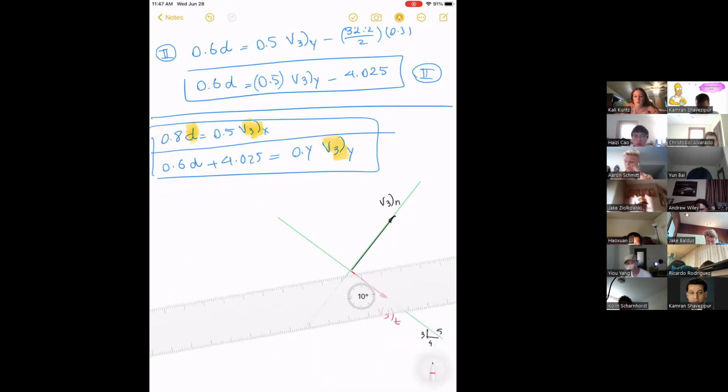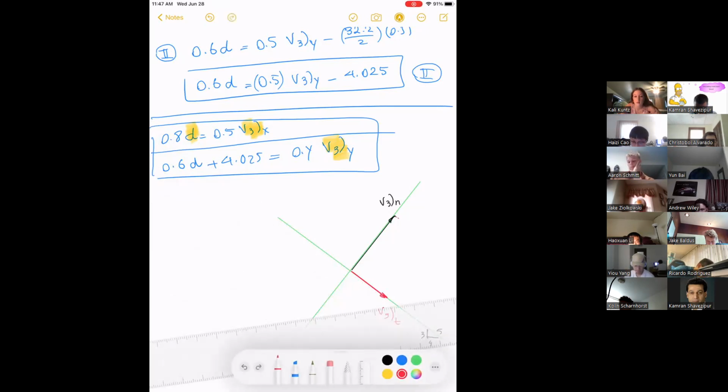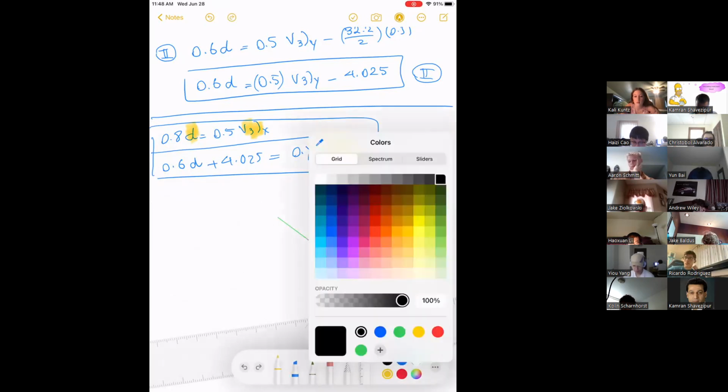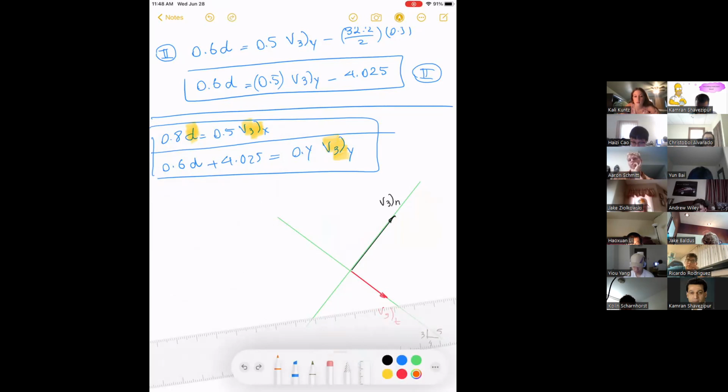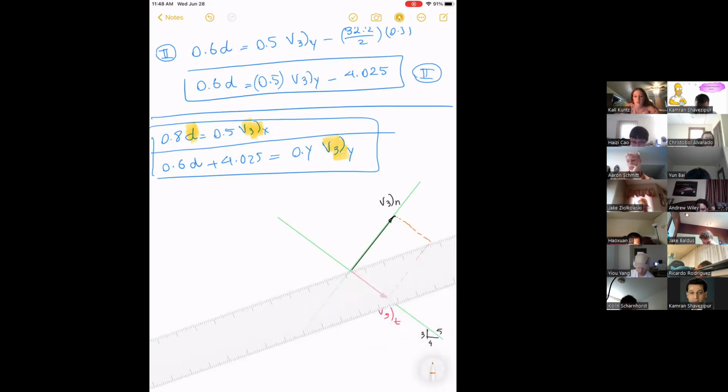If this is my overall velocity, yellow I think is not visible. Let me just go with another color. If I get the overall velocity, which was V3, like that, and I want to get the X and Y component of this, obviously, right?